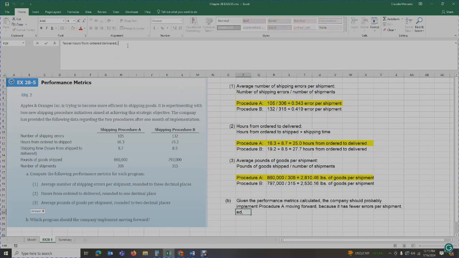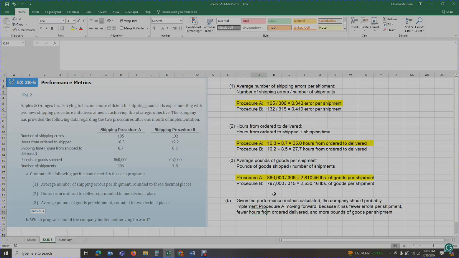So all three metrics point to procedure A being more efficient than procedure B: less errors, less delivery time, and more pounds per shipment.